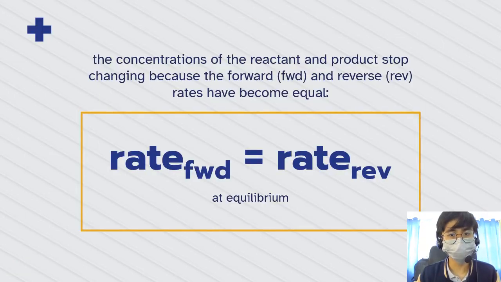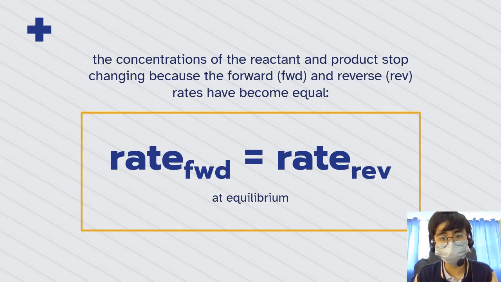Eventually, N2O4 molecules decompose into NO2 molecules as fast as the NO2 molecules recombine to form N2O4. At this point, the system has reached equilibrium. The concentrations of the reactants and products stop changing because the forward and reverse rates have become equal.